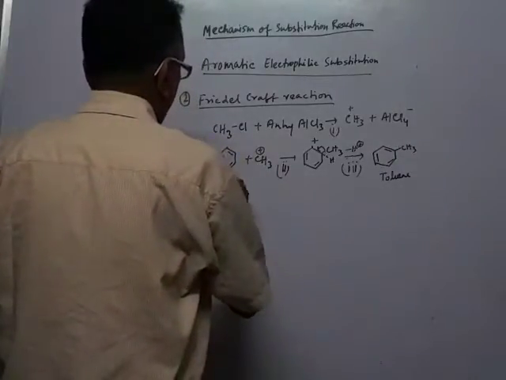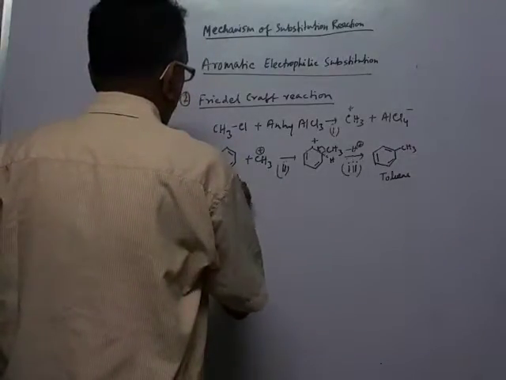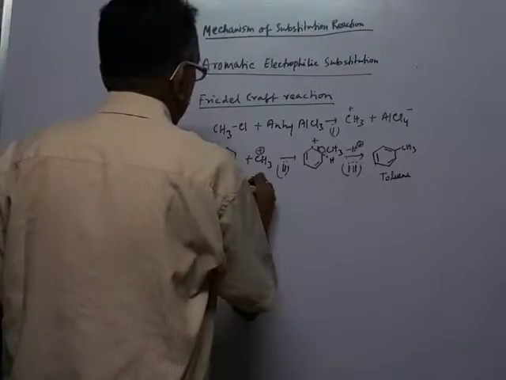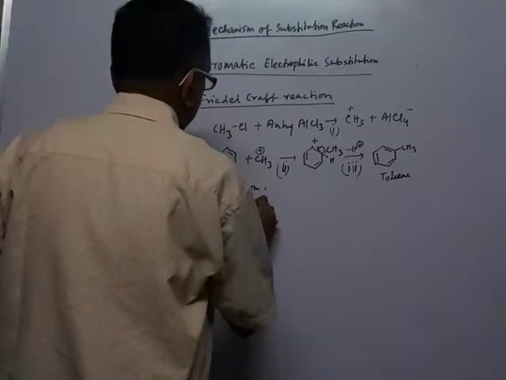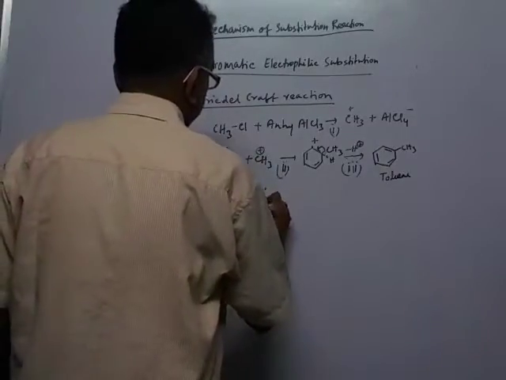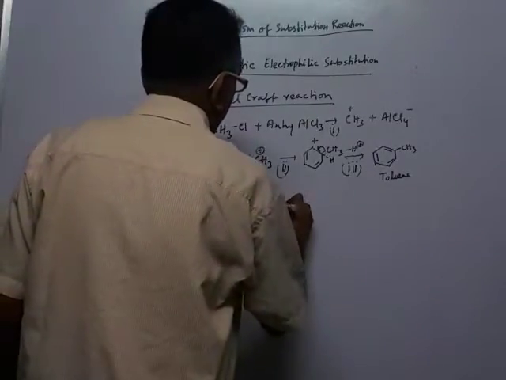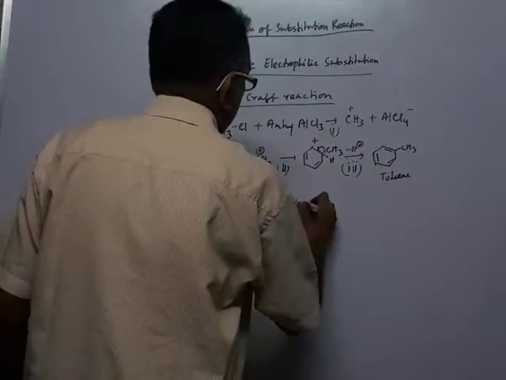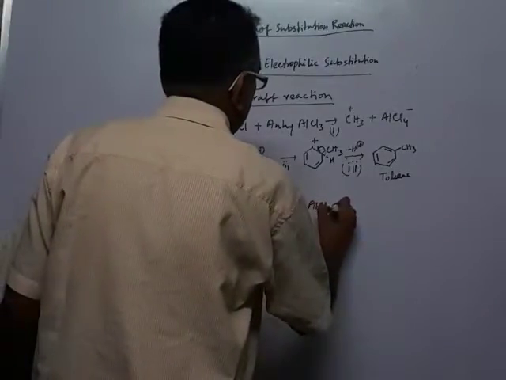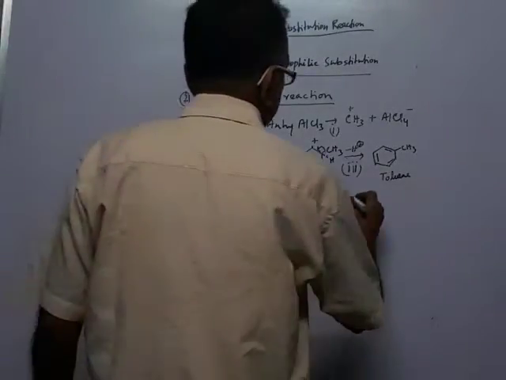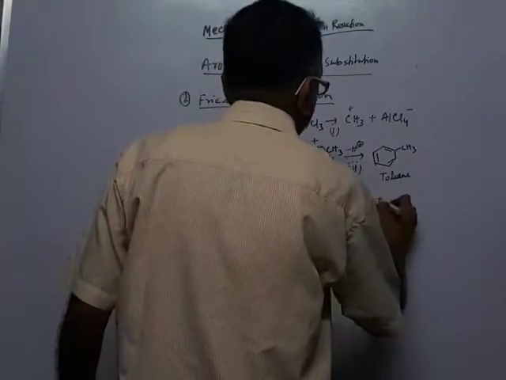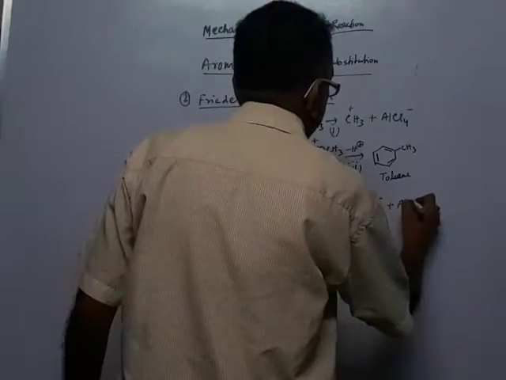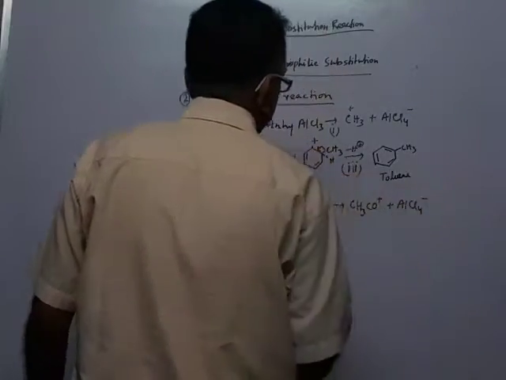Similarly, in the case of acylation, Friedel-Crafts acylation, we can use CH3COCl and anhydrous AlCl3, and this gives us CH3CO plus and AlCl4 minus.